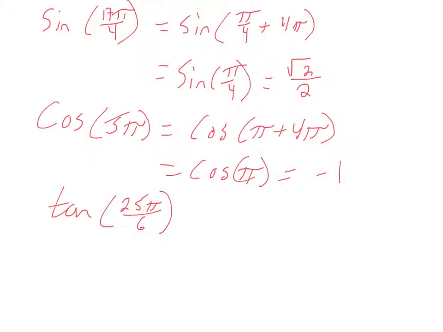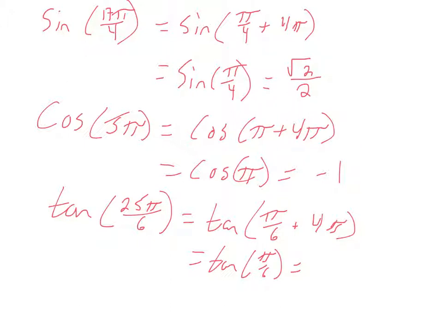Well, it's not if we break it apart and say, well, this is sixths, right? So what if we do tan of pi over 6 plus we have 24 more pi's over 6, which is 4 pi. And so really this is just tan of pi over 6.